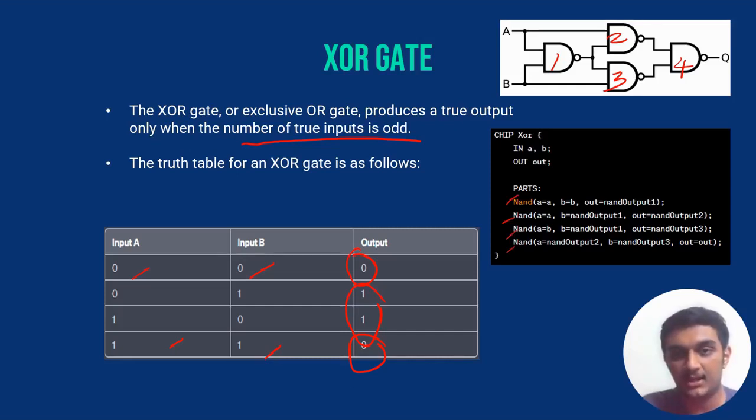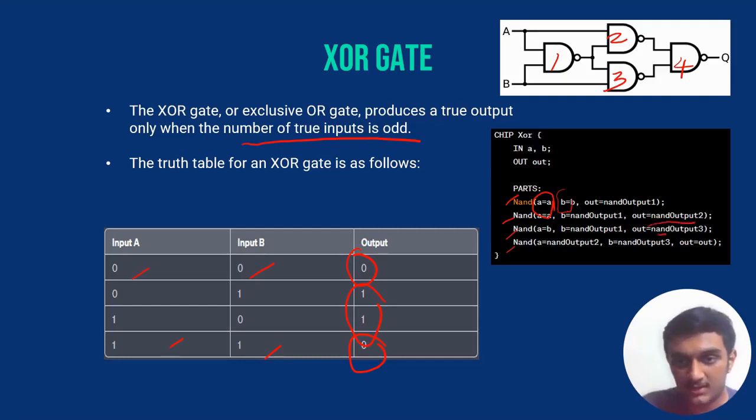The input A goes to the second NAND gate and to the first NAND gate respectively. So that's this part. And the B input goes to the third NAND gate and the first as well. So that's this part. And the outputs of 2 and 3 go to the fourth NAND gate. That's what you can see here.